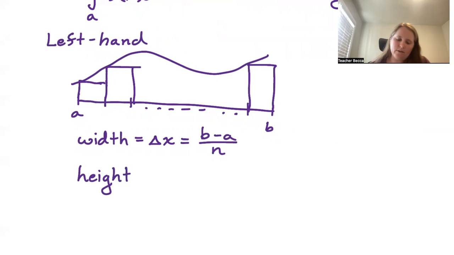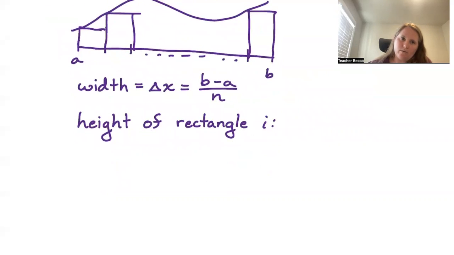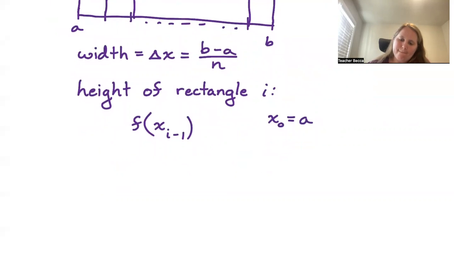So we'll have n rectangles. The height of rectangle i we base off of, starting at a, f of x sub i minus 1, where x sub 0 is a, and x sub i is a plus i times delta x.